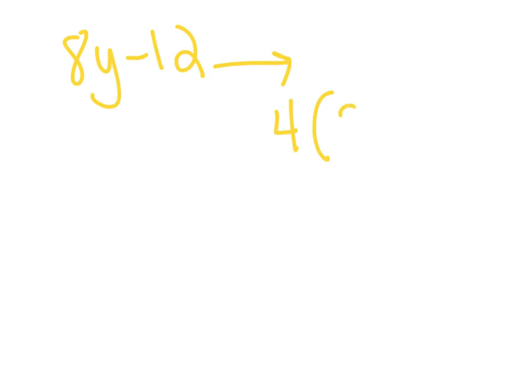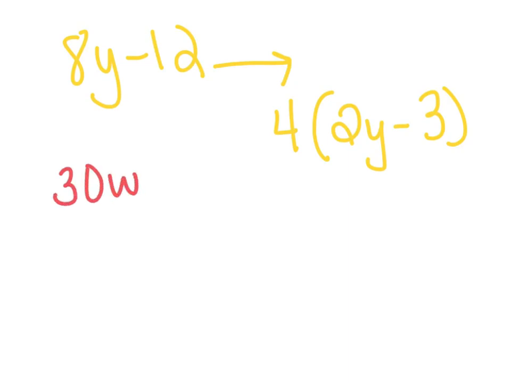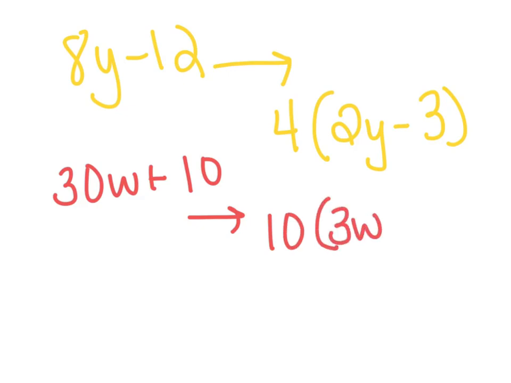Well, here's the question. How did you do? Our 8y subtract 12 will become, with the GCF, 4 multiplied by the quantity of 2y subtract 3. And our 30w plus 10 becomes, GCF is 10, so 10 multiplied by the quantity of 3w plus 1.